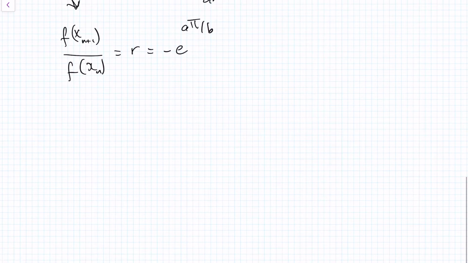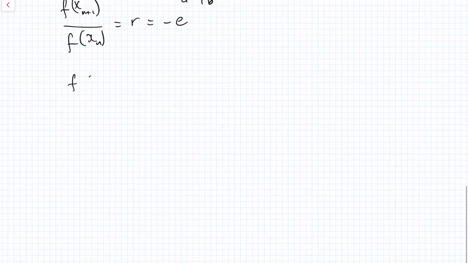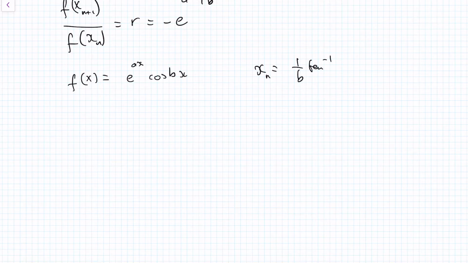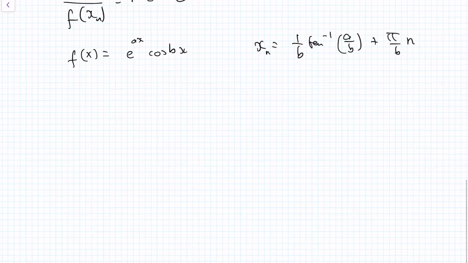Just to recap, f of x is equal to e to the ax cos bx, and we have x_n equal to 1 over b tan inverse a over b plus pi over b n.